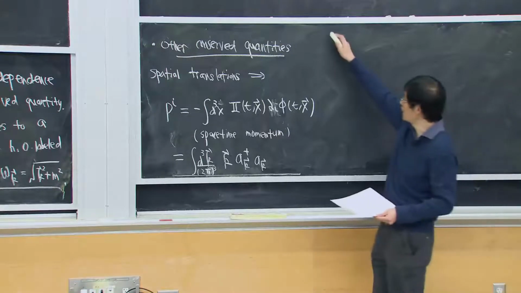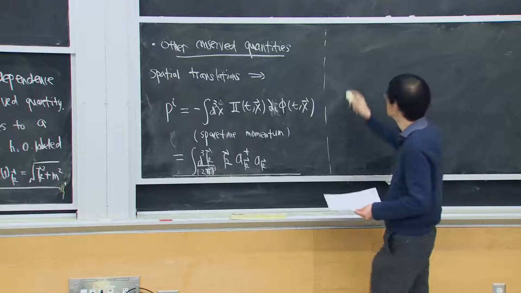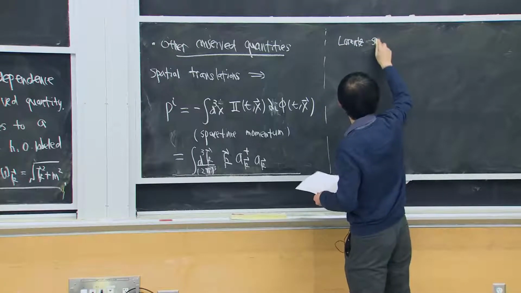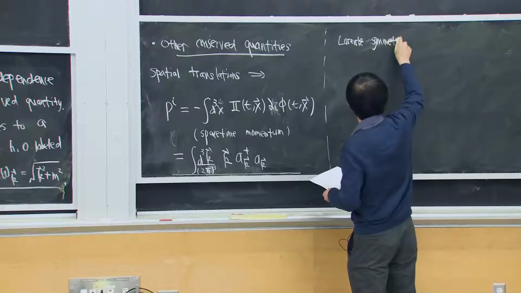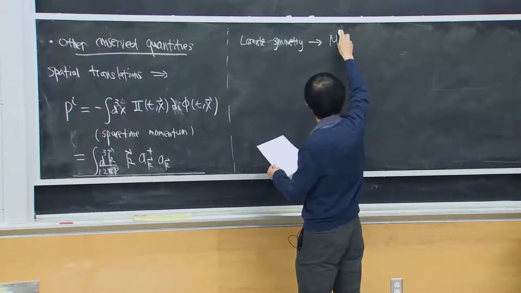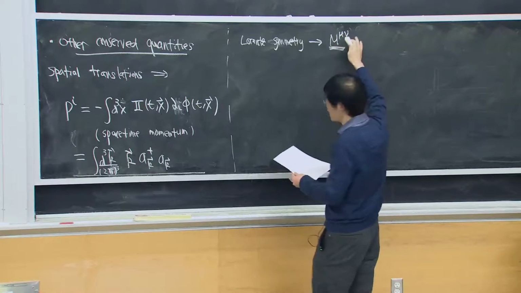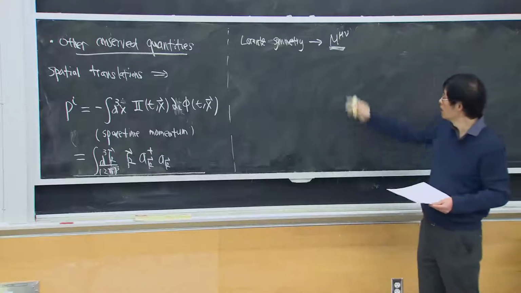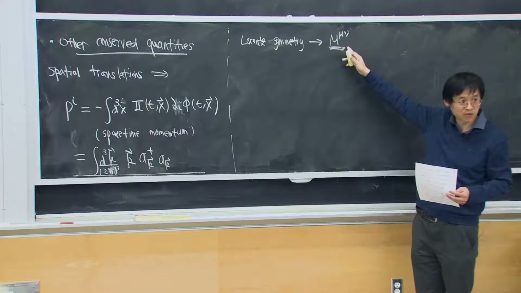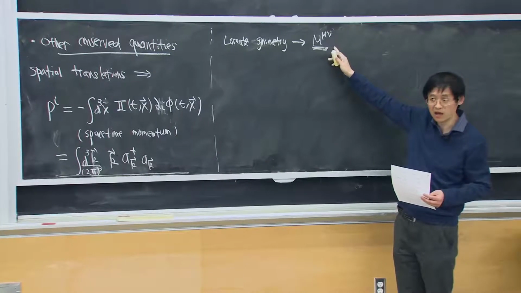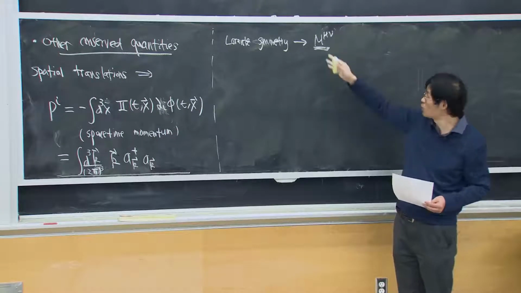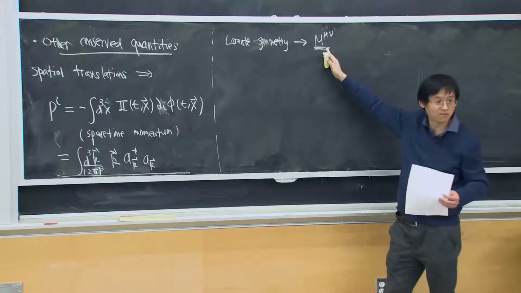And furthermore, you also have Lorentz symmetry. That will lead to the conserved charge associated with the Lorentz transformation, and again you can find it explicitly. In your P set 2, you will find the expression of this M^{mu nu} in terms of phi and pi, and then you can again express it in terms of A and A dagger.